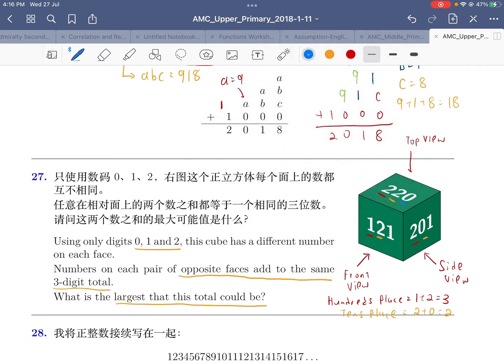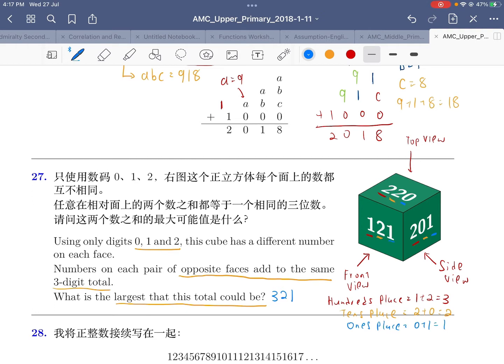Well, the ones place, we have 0 and 1. Hence, the ones place is just going to be 0 plus 1 equal to 1. So the largest total that this dice can have is going to be 321 for each sum of the opposite pairs.